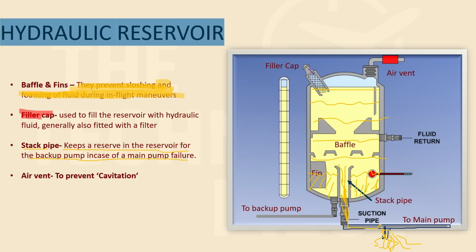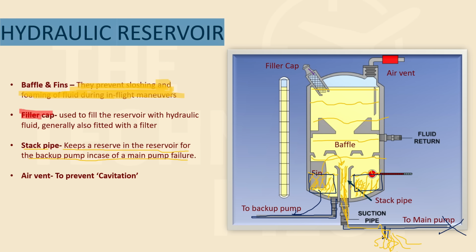All of the fluid in this particular part will still remain because the stack pipe is taking fluid from here, so it won't take anything from the lower part, and the fluid in this particular part will go through this pipeline and be sent to the backup pump. So this is how the stack pipe works. In case of any main pump failure, when it is not able to send the hydraulic fluid to the main pump because of some leakages, there will still be some hydraulic fluid left for the use of your backup pump, right?